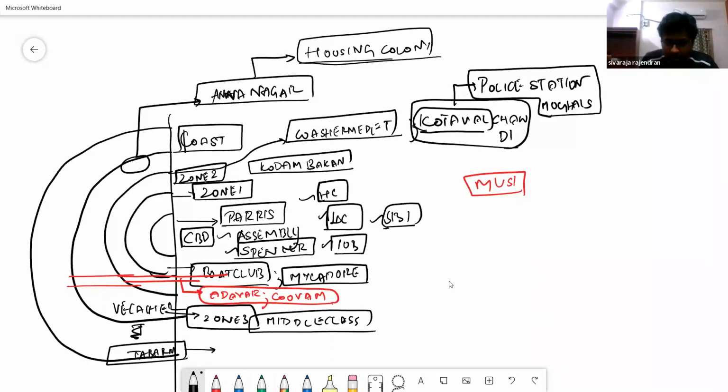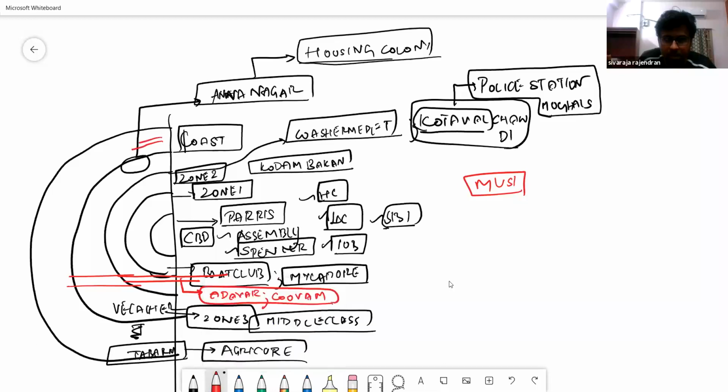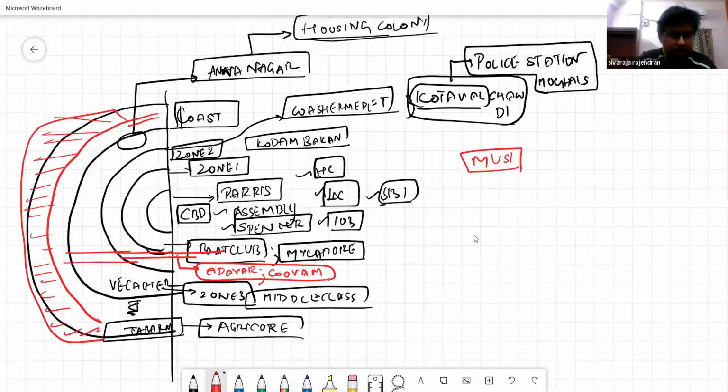If you see in Tambaram, I have seen 10, 15 years ago there was a lot of agricultural land. And from Anna Nagar, or from Coimbatore, if you come outside the city, on the Bangalore road, there will be so many agricultural zones right here. That place has only agricultural zone. This is outside.